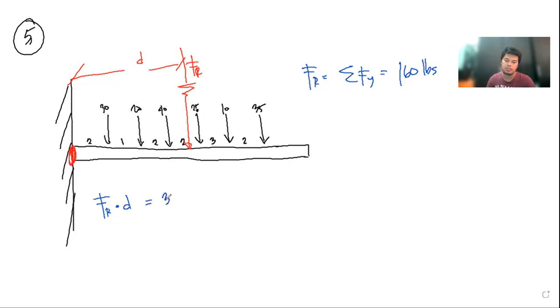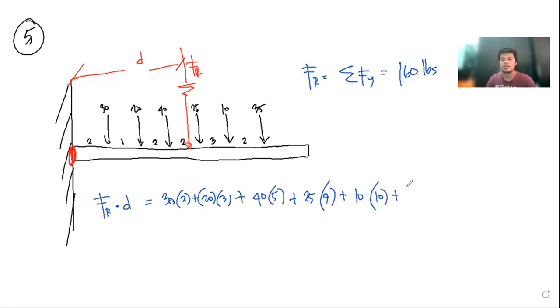So for force 1, 30 multiplied by 2, plus 20 multiplied by the distance, which is 3, plus 40 pounds multiplied by 5, plus 25 multiplied by 7, plus 10 multiplied by, of course, 10 feet.